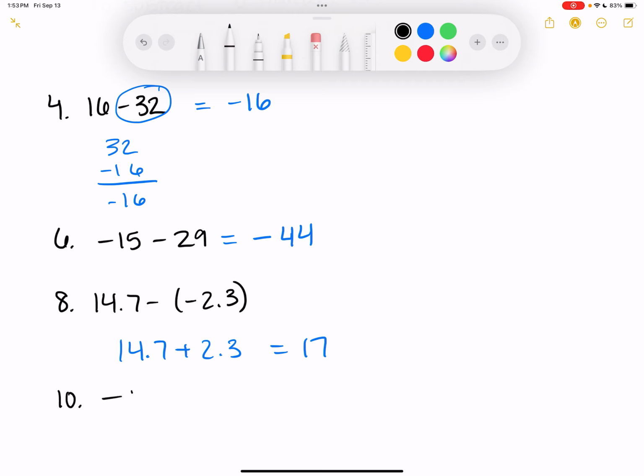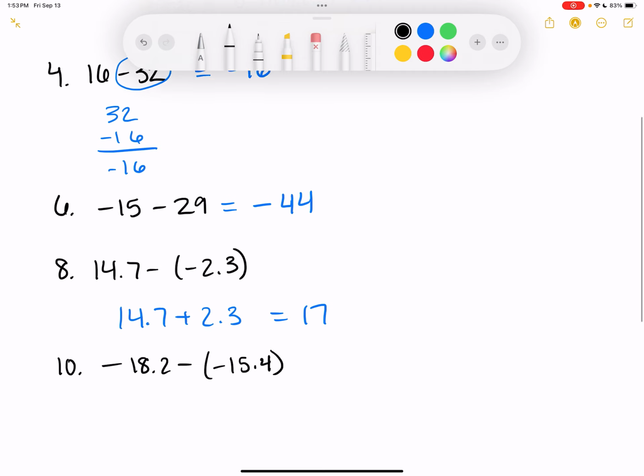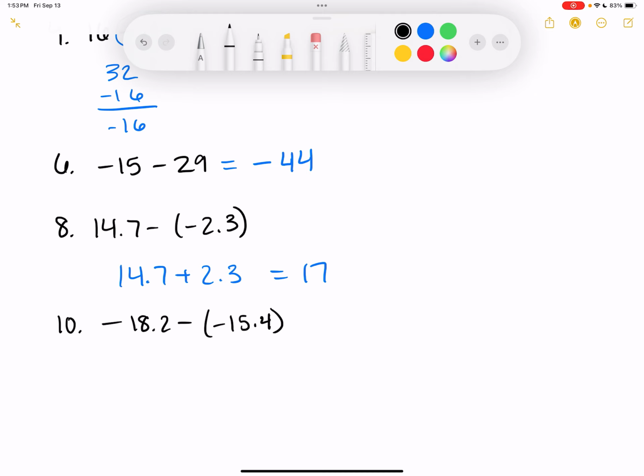Negative 18.2 minus a negative 15.4. What do I have to do with one like this? I have to change this to an adding symbol. So negative 18.2 plus 15.4. Now what do I do?